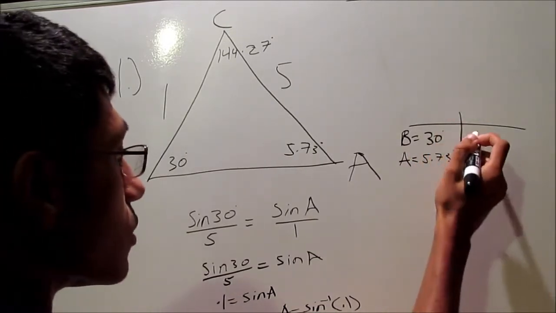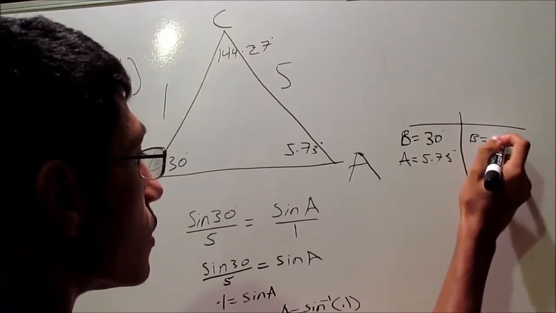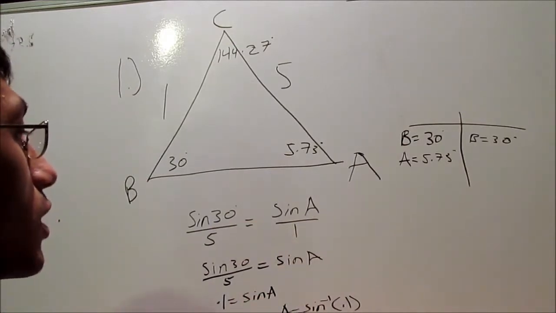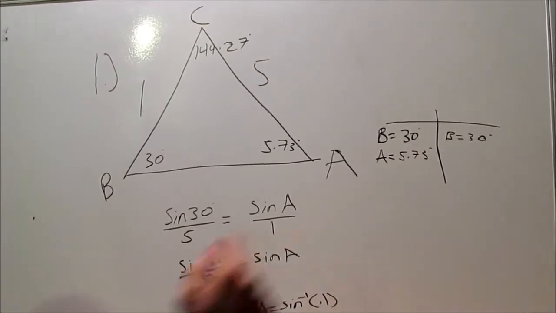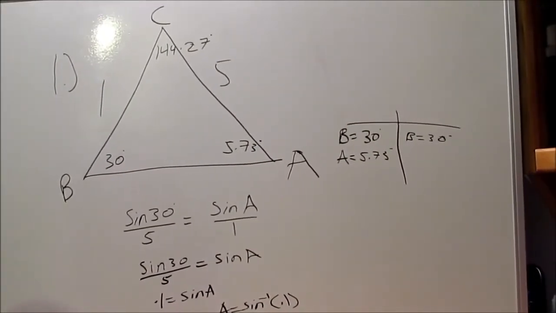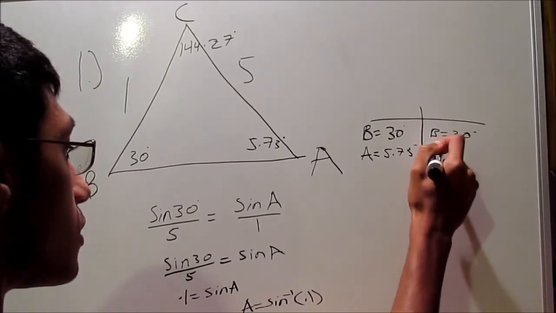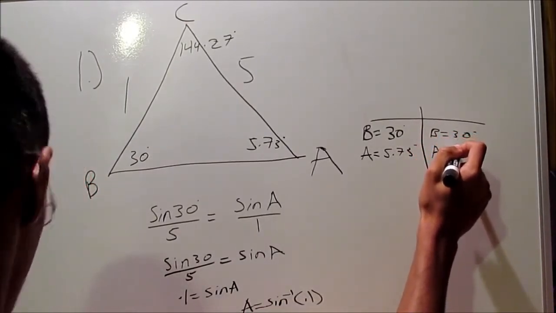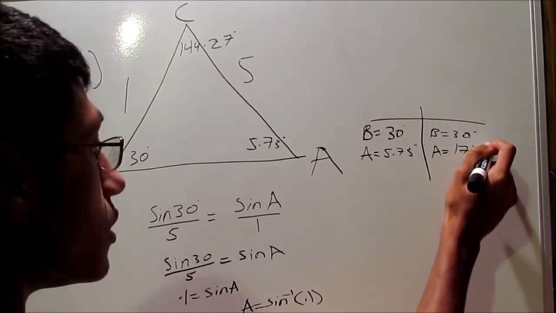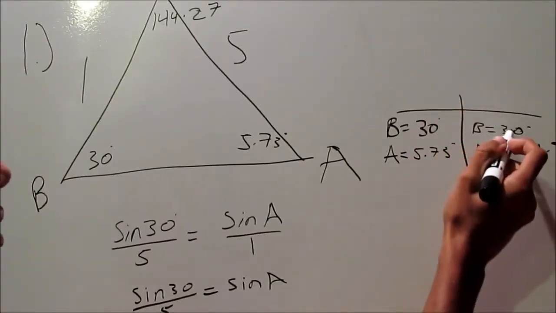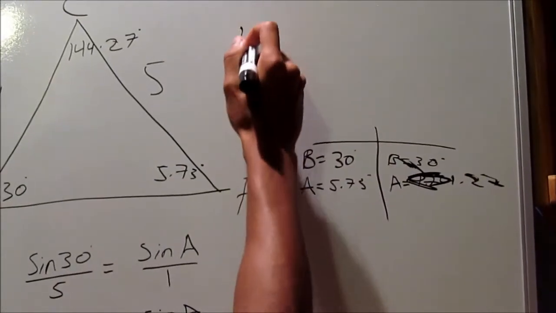So on our other triangle, B is given, so it's 30 degrees. And you would find the A on the other triangle by doing 180 minus the A on this triangle, which equals 174.27. These two are greater than 180, so that means that there's only one triangle.